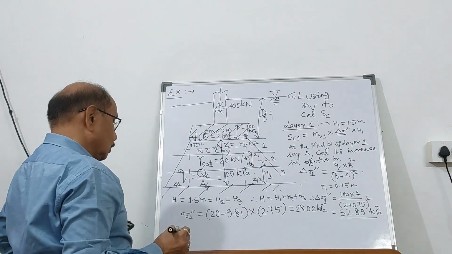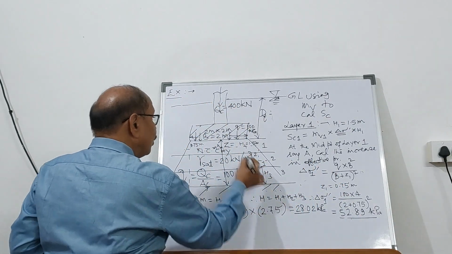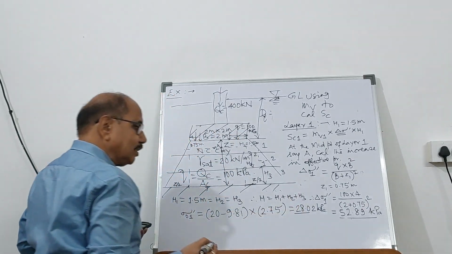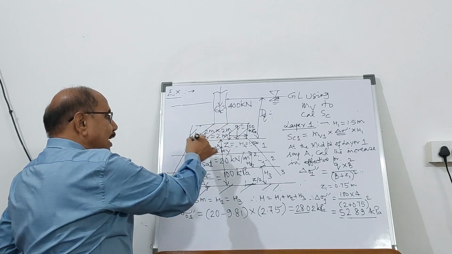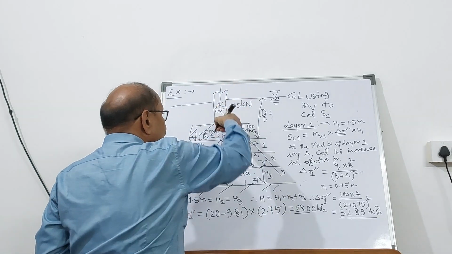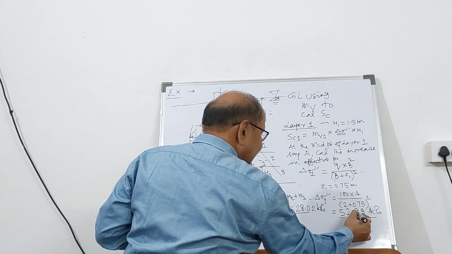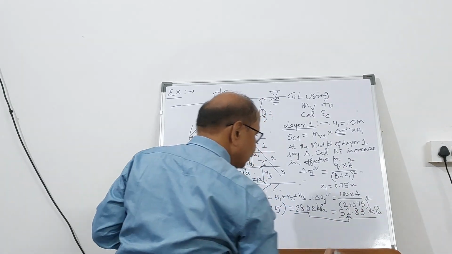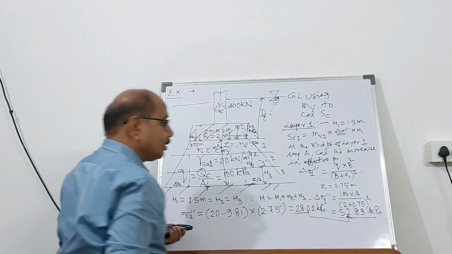Right? So the pressure increases from this to this. Before external loading, the effective overburden pressure was only 28.02. And after having the footing at the site and applying the load of 400 kilonewton through the column to the footing, the pressure at the midpoint of layer 1 increased from 28 to 52.89. So this is the increase in pressure.